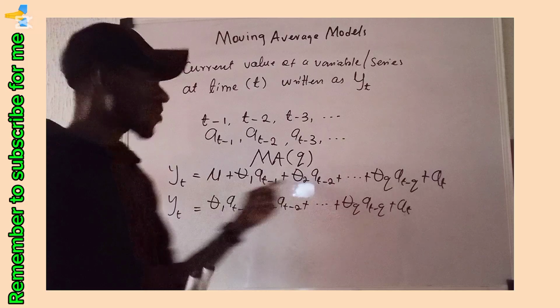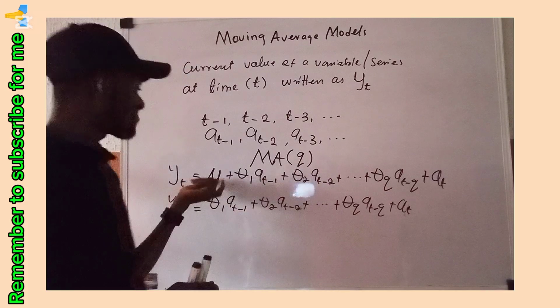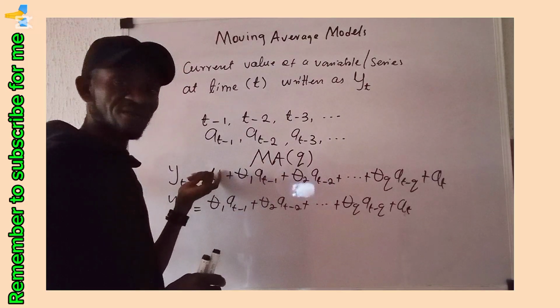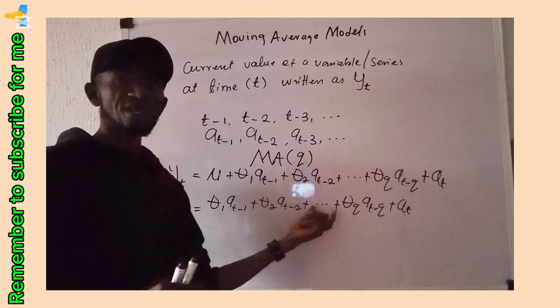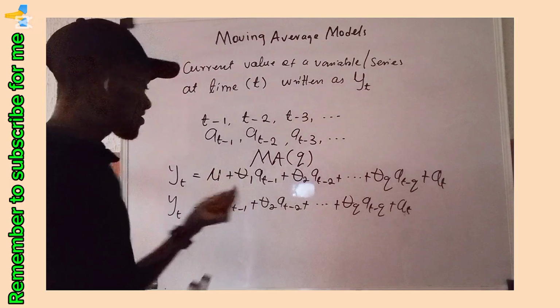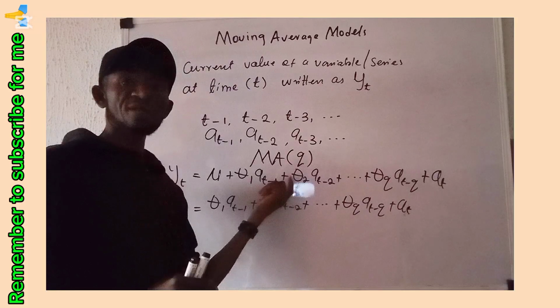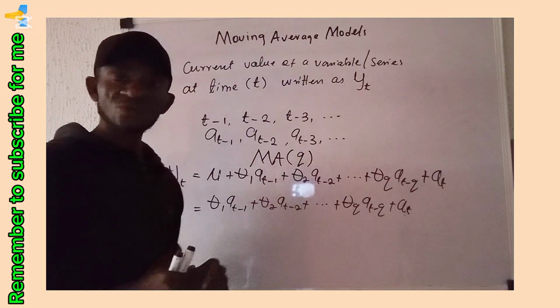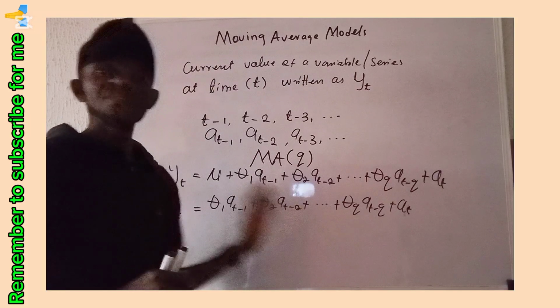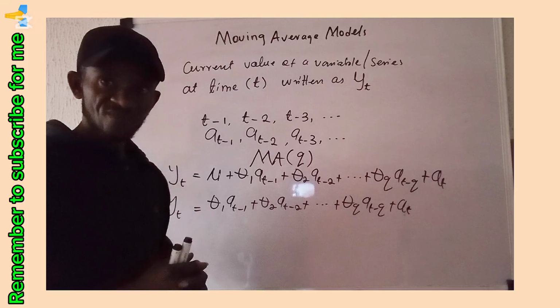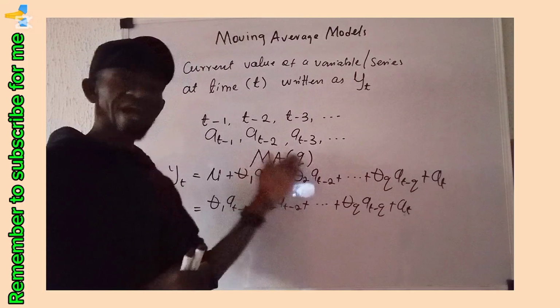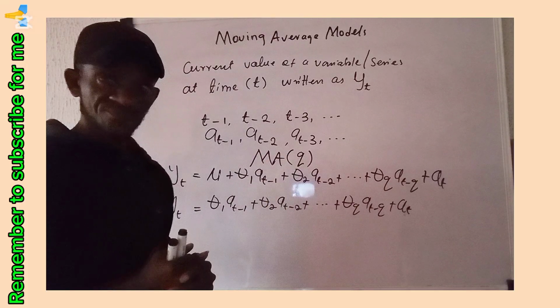In the first model, we have the mean constant mu here. But in the second model, it has been assumed that this mu is 0, and adding it to the model doesn't have an effect on the model, and therefore it was skipped. That is what we call a moving average model of order q.